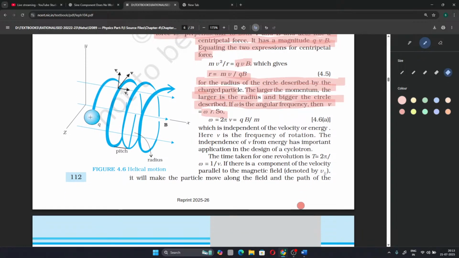And if omega is the angular frequency, then v equals omega r, angular frequency or angular velocity, where omega is 2 pi nu, and omega equals qB by m.